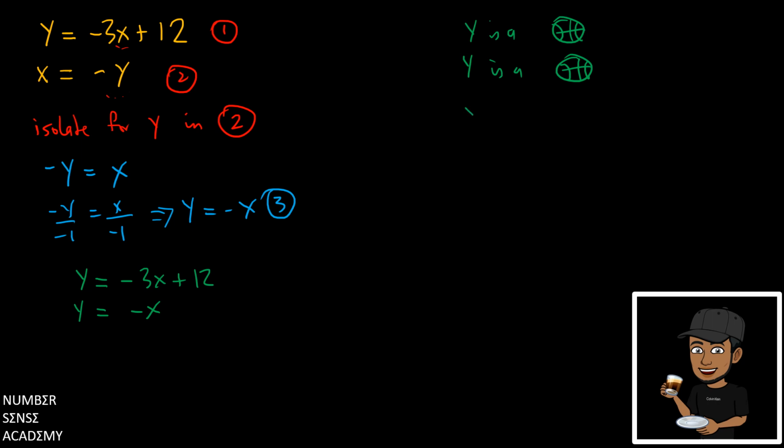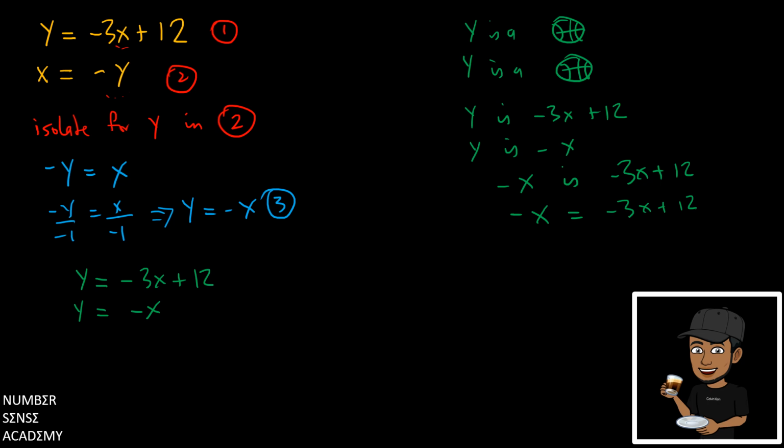So if y is negative 3x plus 12, and the other y is negative x, then negative x is negative 3x plus 12.